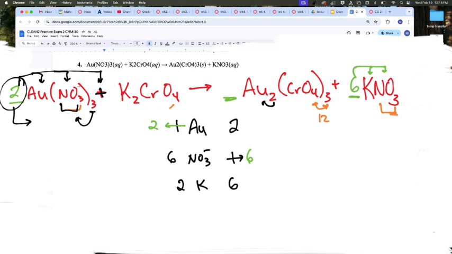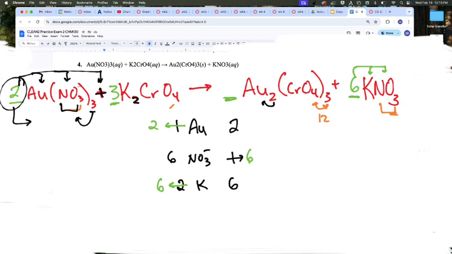Is my potassium balanced? What do I need to do? I put a 3 in front of the 1 on the left. That makes it 6. Why does it not make it 3? It's 3 times 2. There's 2 potassiums in every one of those units.